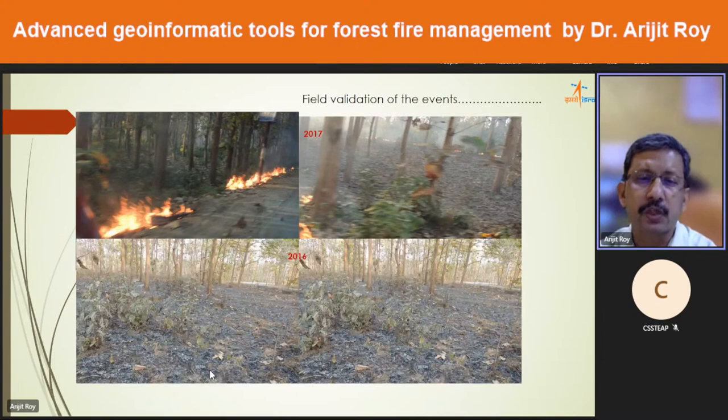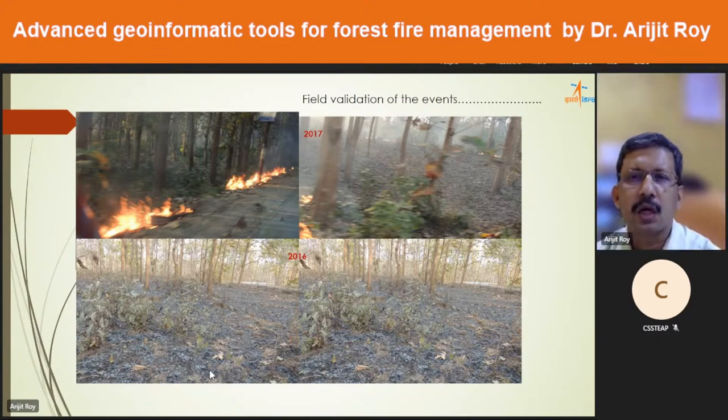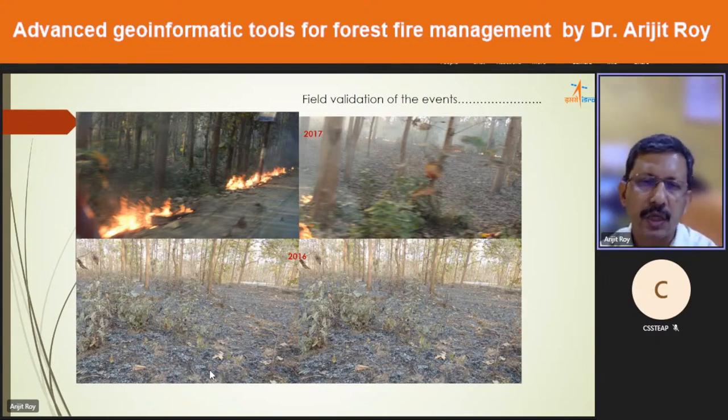All these activities which I showed you are accompanied by extensive ground truthing, and me and my team have been going to the forest, especially the burnt areas where the fire impacted areas, and we have validated all these modeled outputs from the ground.